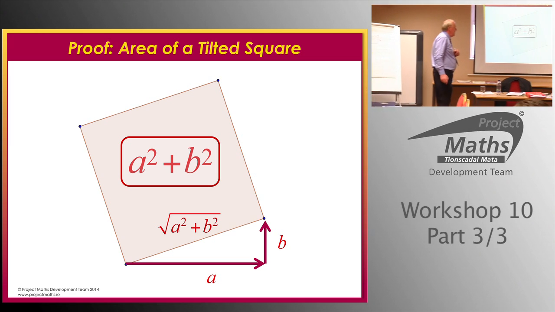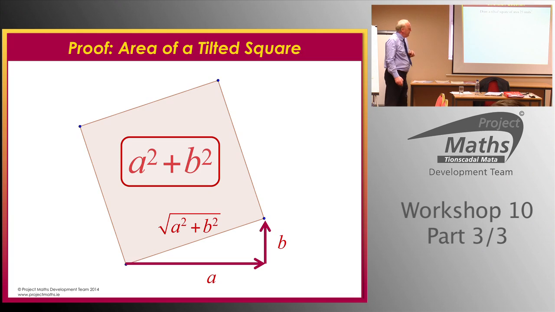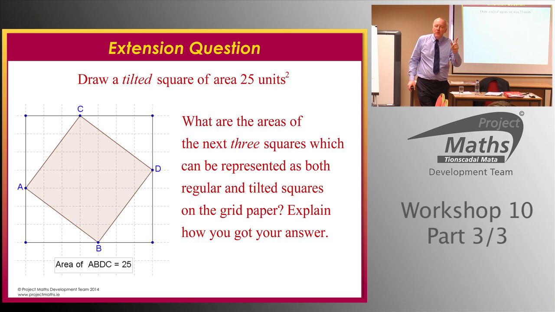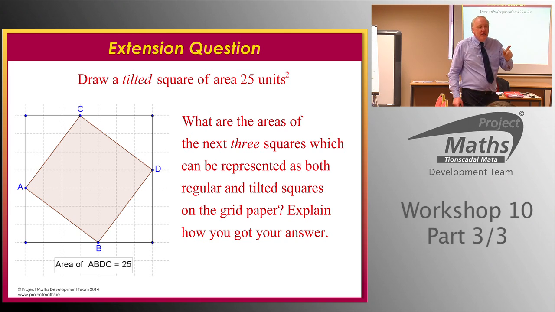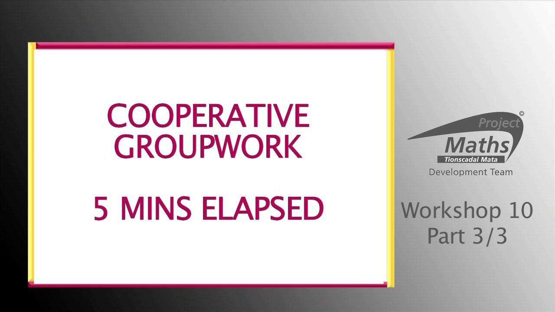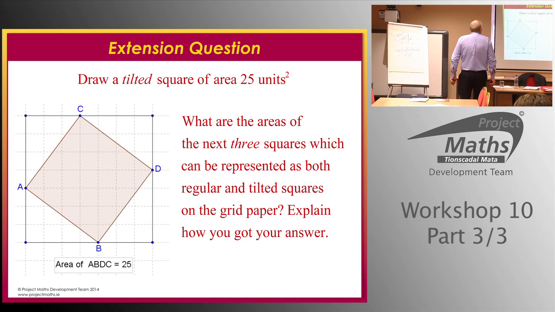Now, nice question coming up. Draw a tilted square of area 25. You already drew a regular one of area 25. Now could we draw a tilted one of area 25? Now, here we go, look.